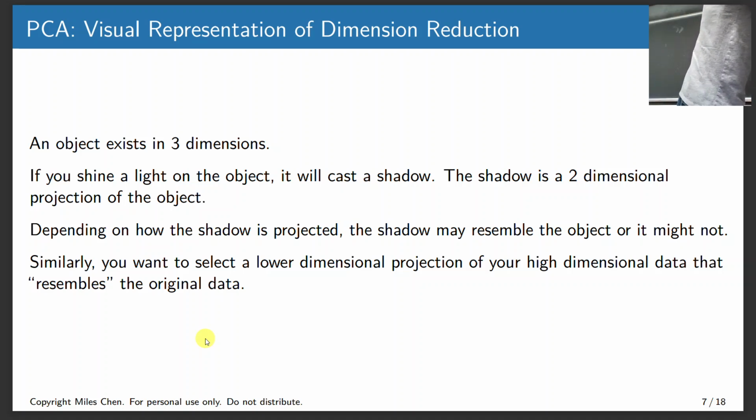I could take, say, here's a pen. If you see the shadow like this, you can tell it's a pen. If the thing was projected like this, it could appear like it's a little ball or something, right?